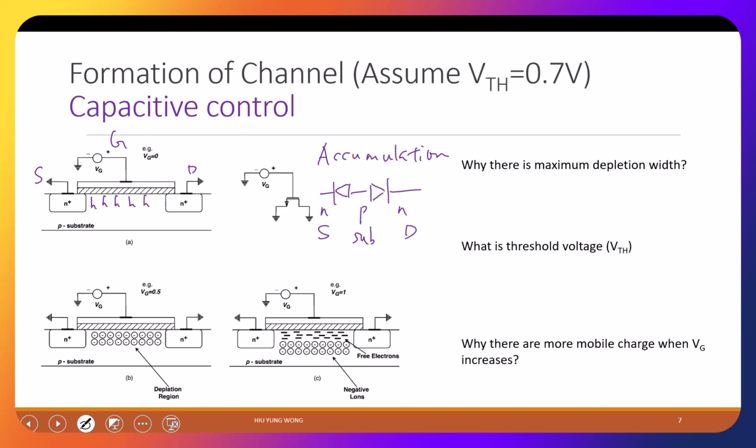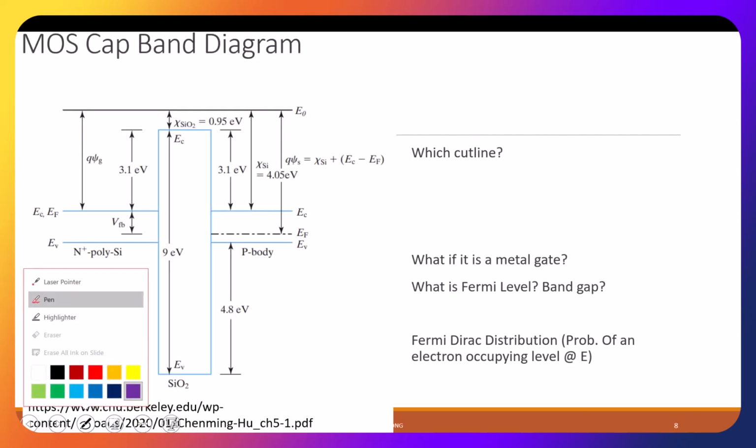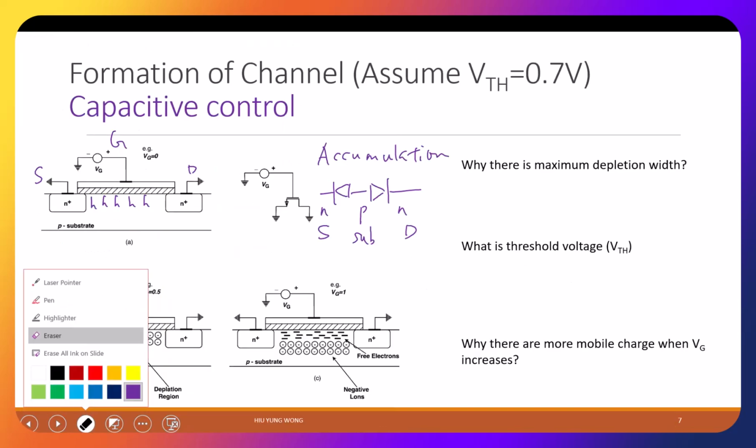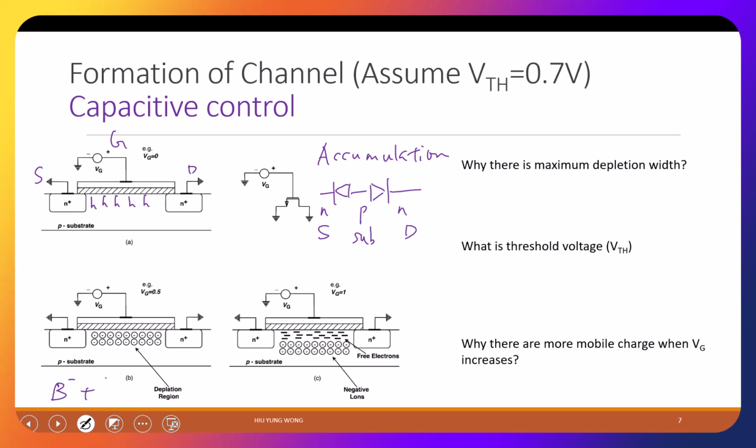You might actually have a boron substituting the silicon, and then it becomes negative charge plus a hole. This is the whole thing in the P substrate.